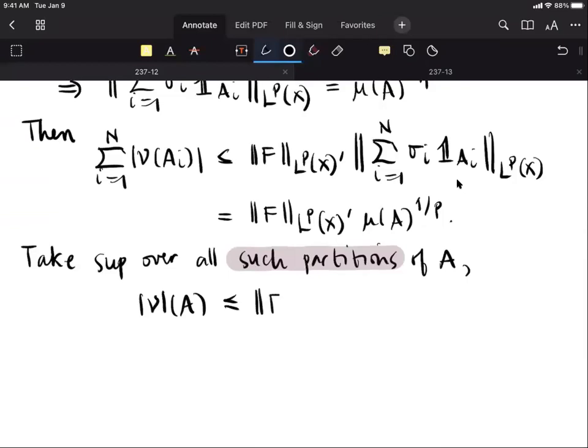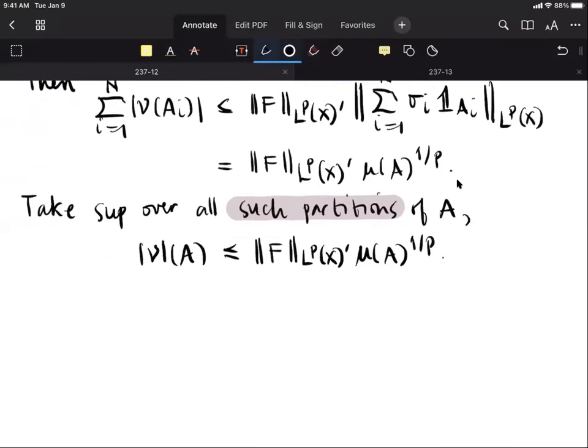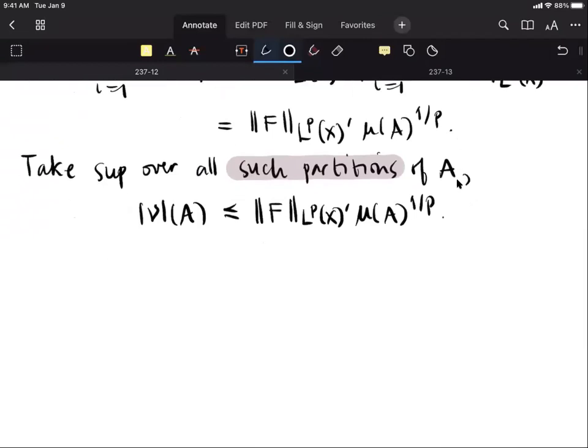And you have the following. And this is true for any A in sigma.